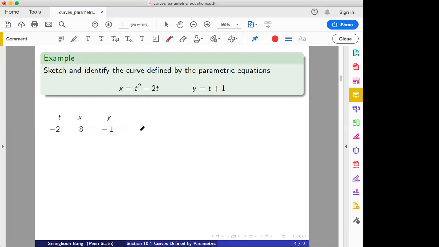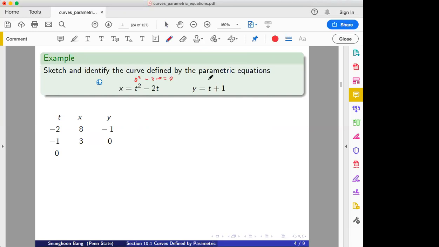Next, you plug -1 into x again. Here, the same: -1 squared minus 2 times -1, so we have 1 plus 2 equals 3. You plug -1 into y: -1 plus 1 is 0. Now plug 0 into here: 0 squared minus 2 times 0 is 0.